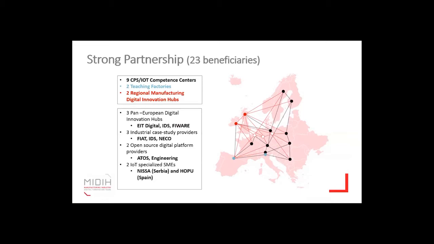And we took as examples 3 existing pan-European digital innovation hubs, which are quite specialized towards certain aspects of the technology and or of the business. For instance, EIT Digital, who is the coordinator of the project, is very specialized in IT innovation and in incubation and acceleration of startups and scale-ups.